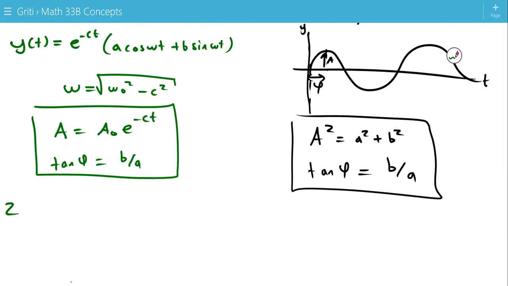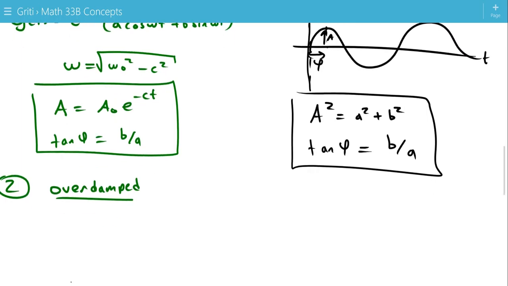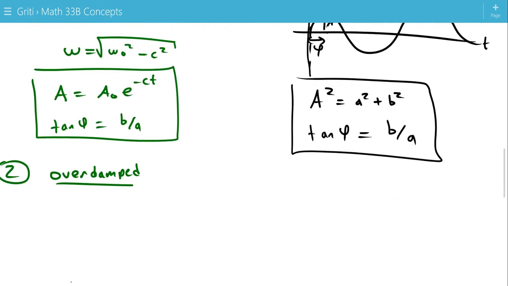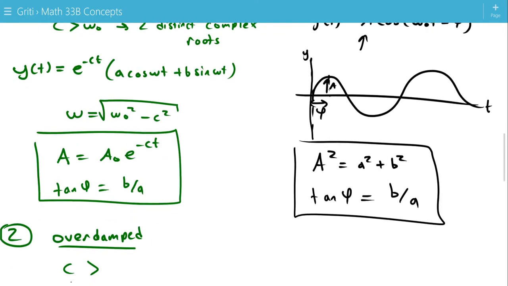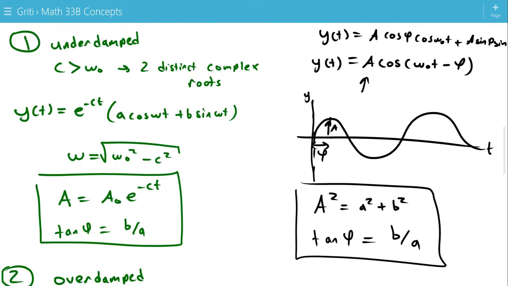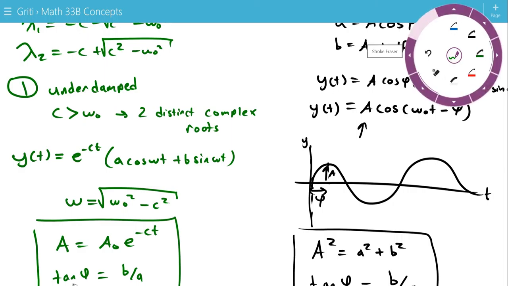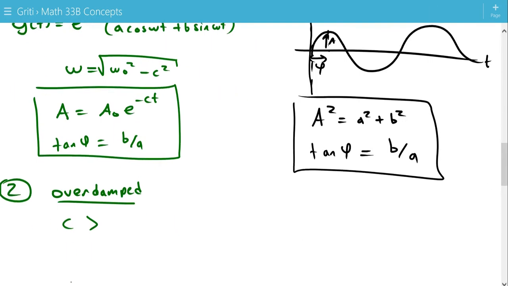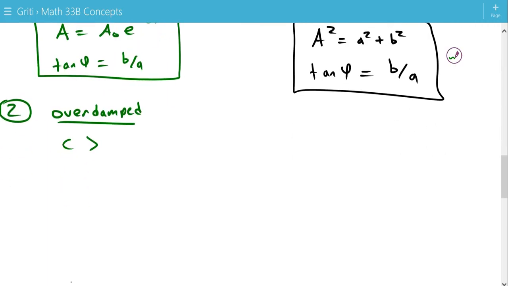So now we have the second case, which we call overdamped. And overdamped is when C is greater than omega naught.